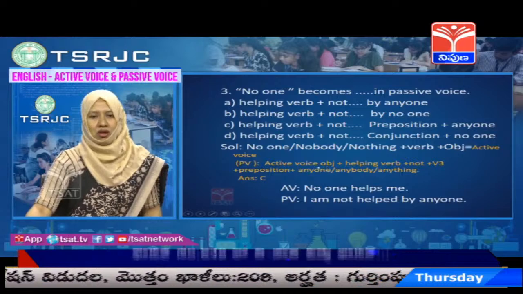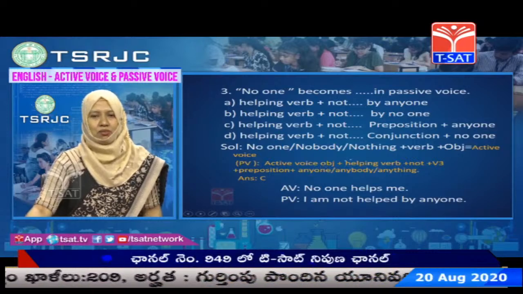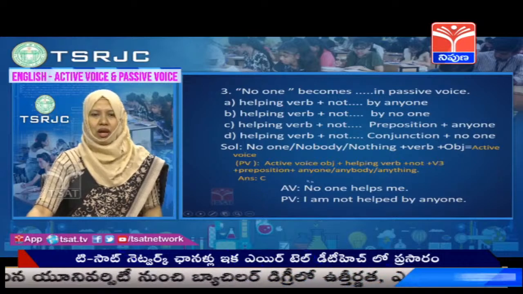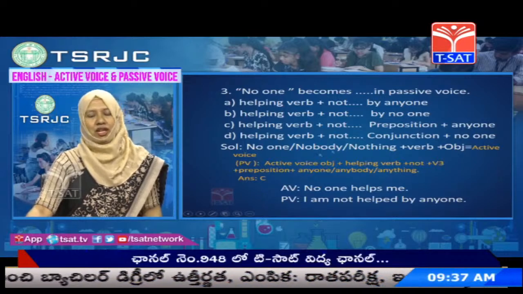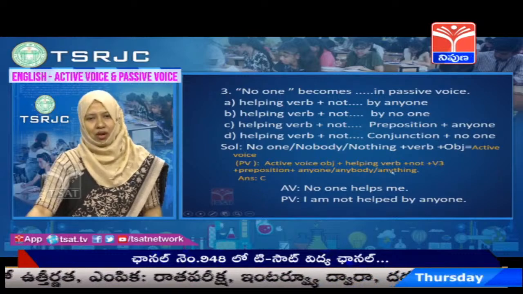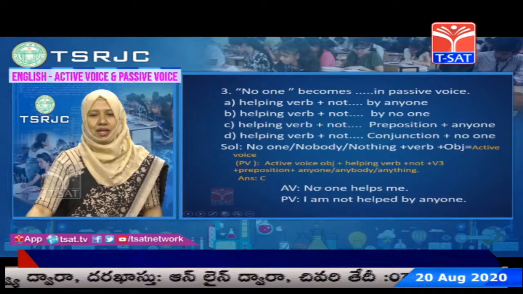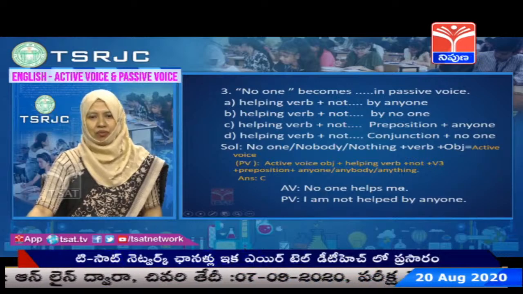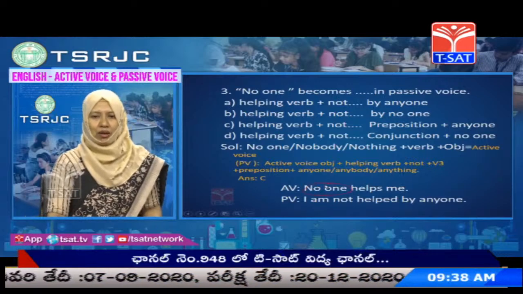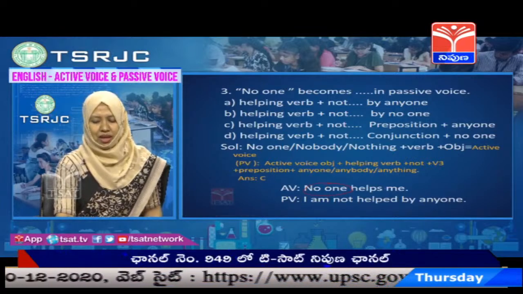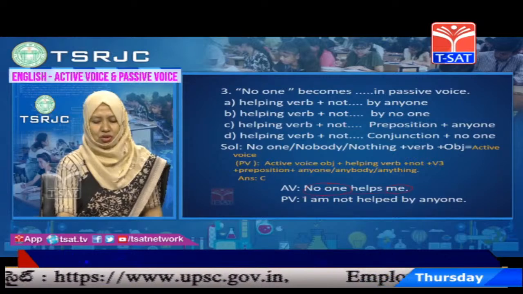So here you have to see the object of passive voice plus helping verb plus not plus V3 form and preposition. No one will change to anyone, anybody or anything. For example, no one helps me. This is the active voice, no one helps me.